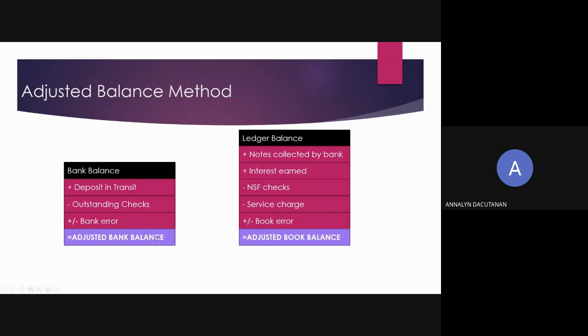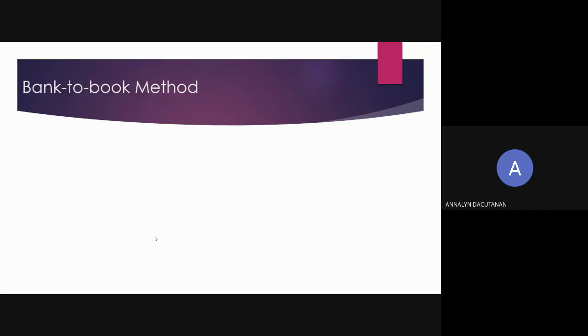So ma'am, medyo nakakalito. Ay, di latag natin. Bank to book. Bank balance, ibig sabihin, this is the unadjusted bank balance. Walang reconciling item so far. So, in order for us to get the book balance, first thing that you need to do is to reconcile the bank.